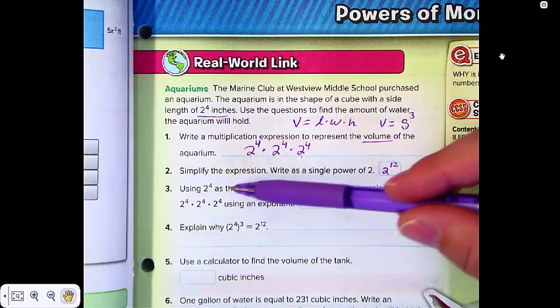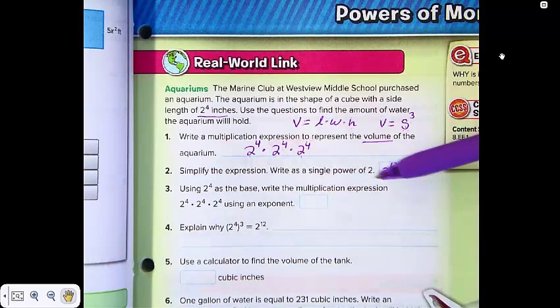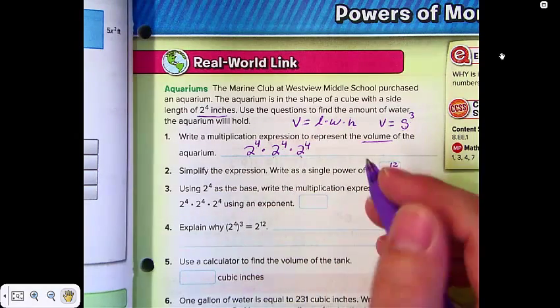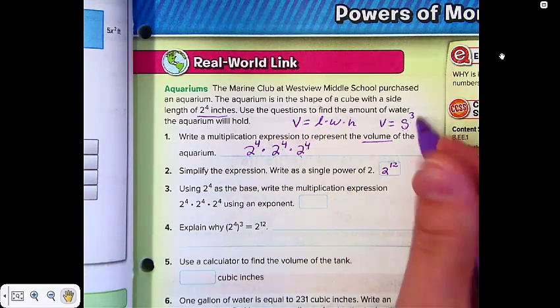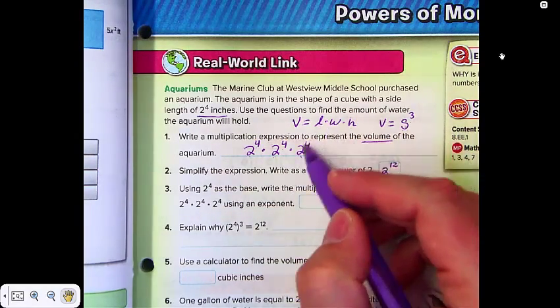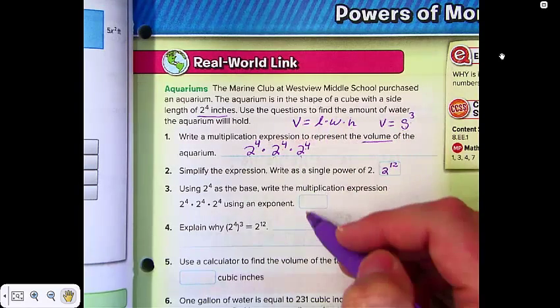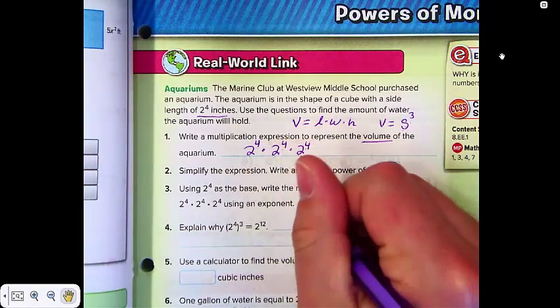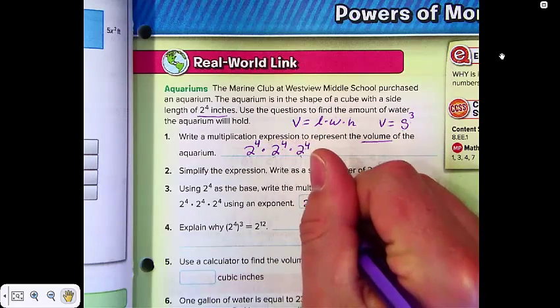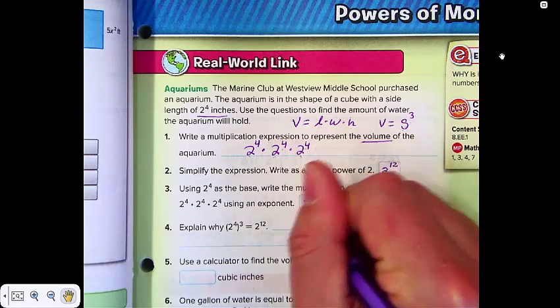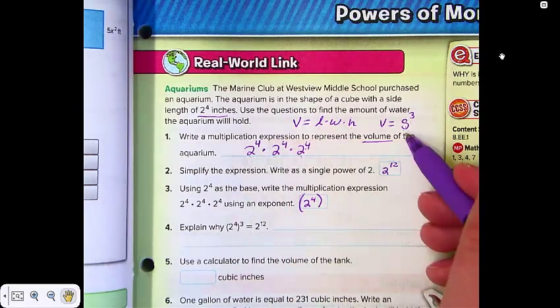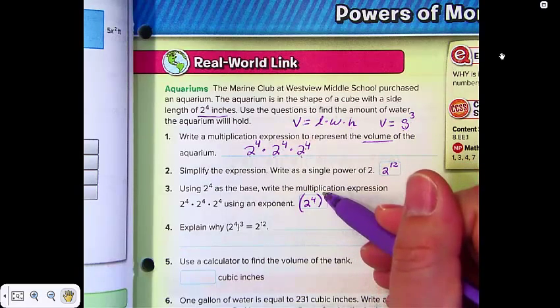Now, using 2 to the 4th power as the base, write the multiplication expression 2 to the 4th times 2 to the 4th times 2 to the 4th using exponents. Another way to do this goes back up to this formula. We're going to take 2 to the 4th, which is our side, and raise that to the 3rd power.